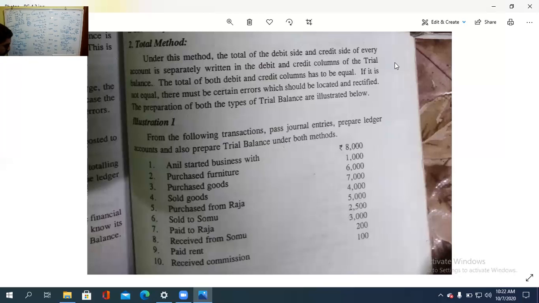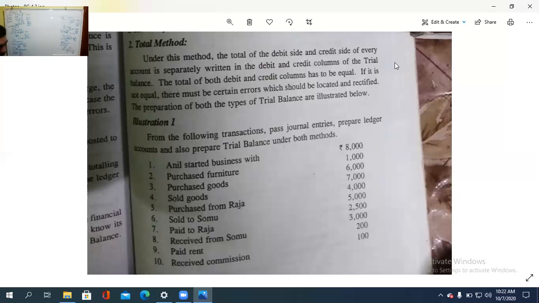Then next step is what? We need to prepare the trial balance. Look here, we are going to prepare the trial balance. So whatever the balances relating to the items of the debit aspect as well as the credit aspect, we need to put it as it is.